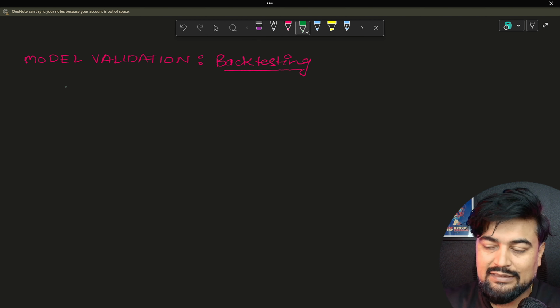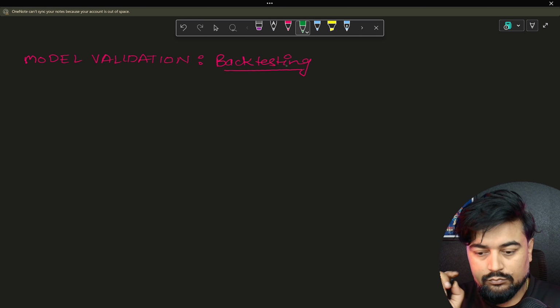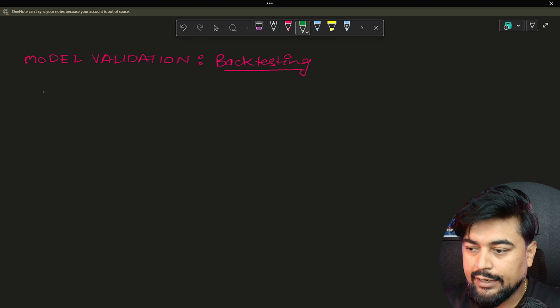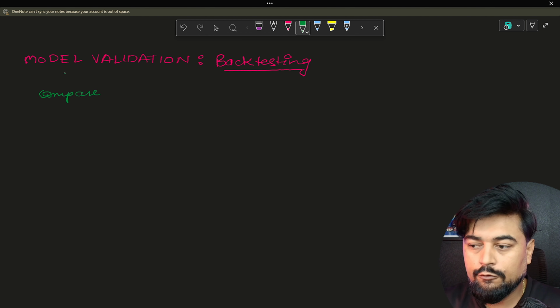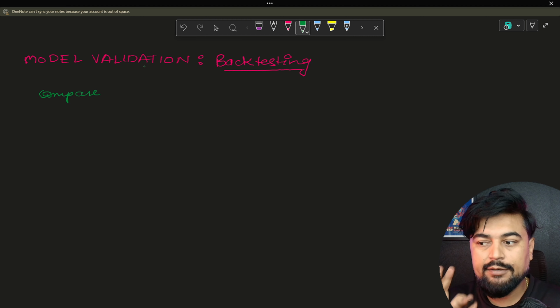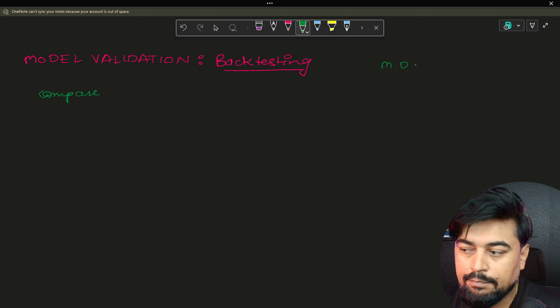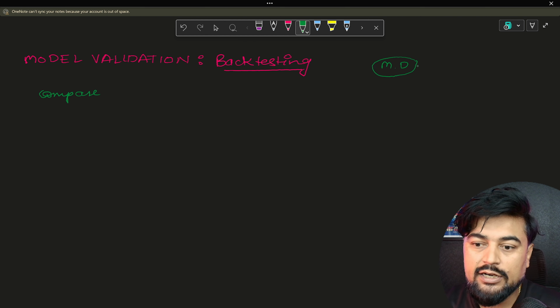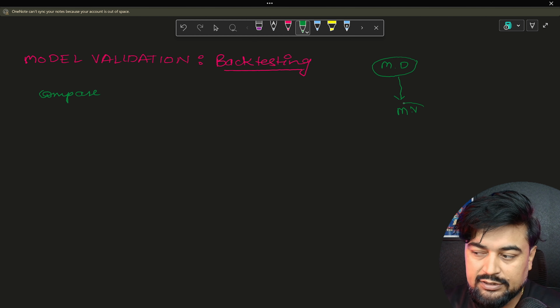Backtesting has two words in it. When we perform model validation, let me clear that first. Once your model development is completed and the model development team says that the model is ready to be validated, then the model validation team comes.